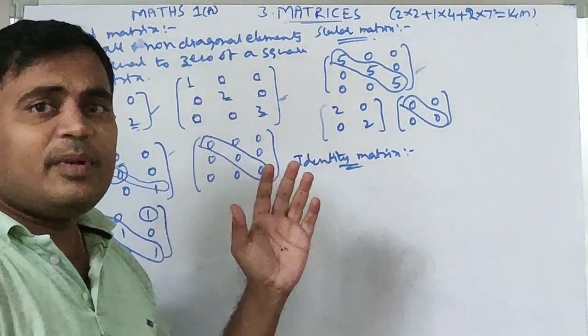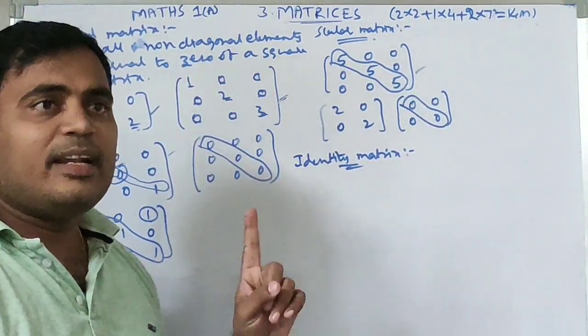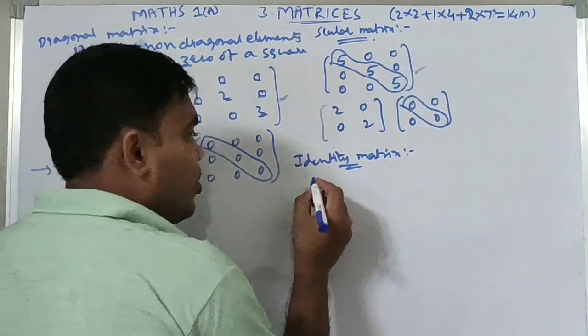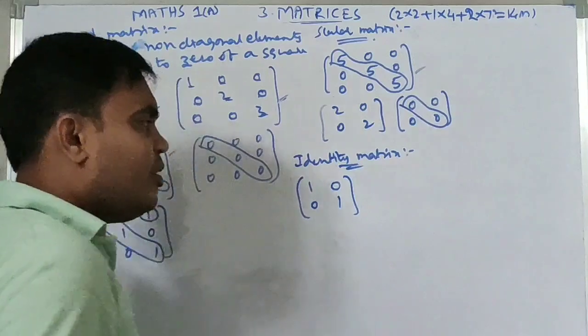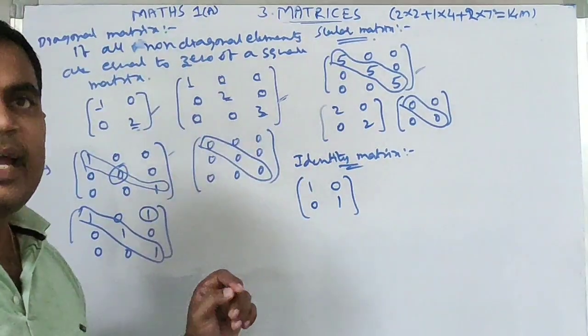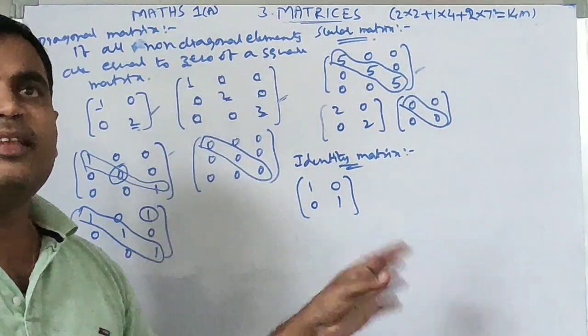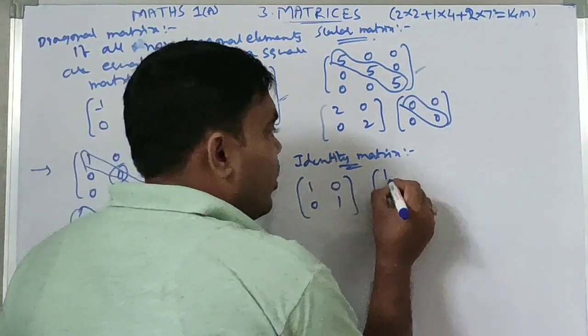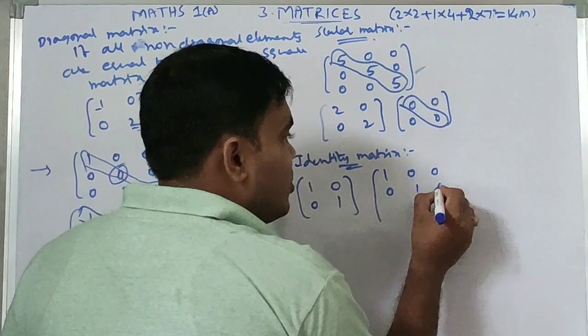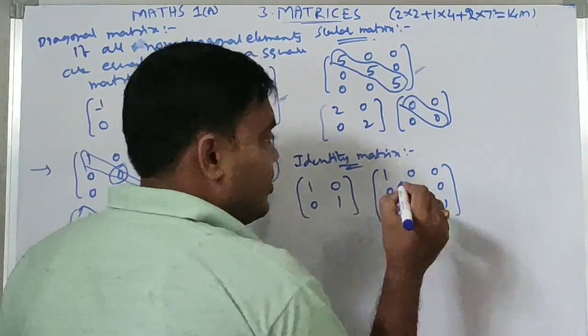For example, 1 0 0 1. This is the 2 by 2 identity matrix. There won't be any other example than this for 2 by 2. Next, 3 by 3: 1 0 0, 0 1 0, 0 0 1.